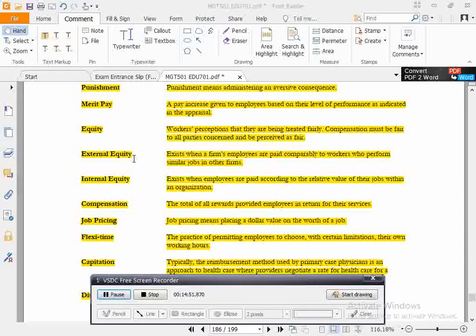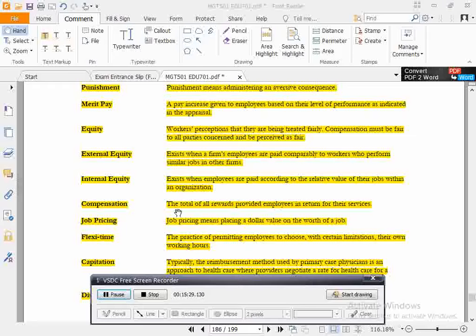External equity exists when a firm's employees are paid comparably to workers who perform similar jobs in other firms. Internal equity exists when employees are paid according to the relative value of their jobs within an organization.